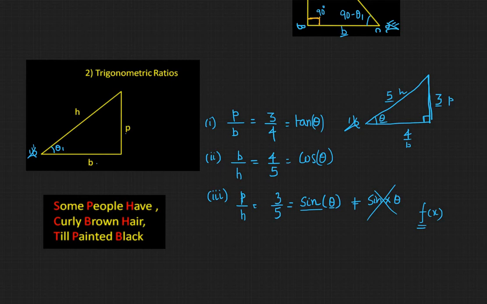So this S stands for sine theta, right? The sine of theta is perpendicular by hypotenuse. So, some people have. And cos of theta is curly brown hair, so that's base by hypotenuse.